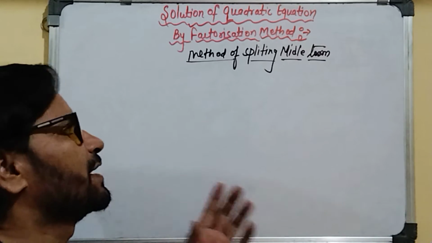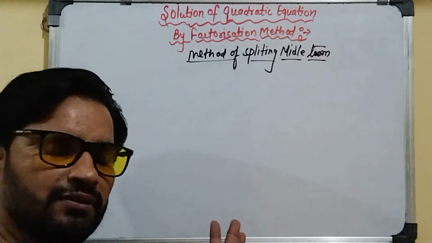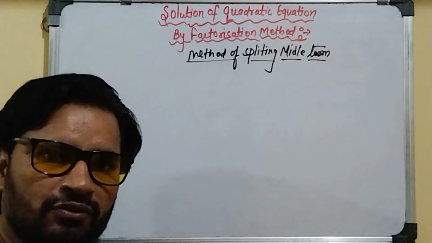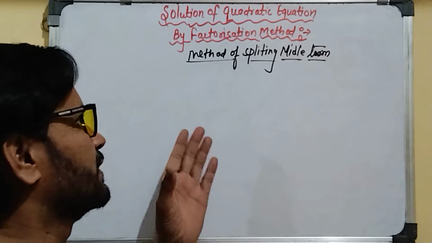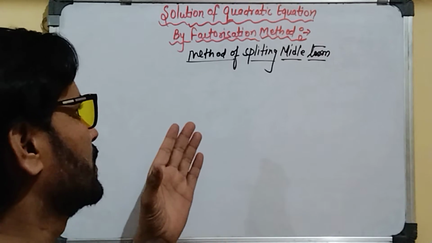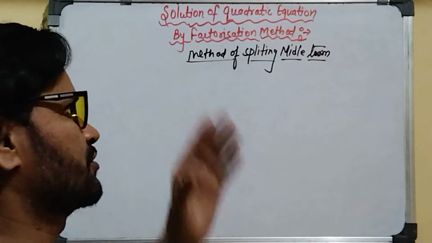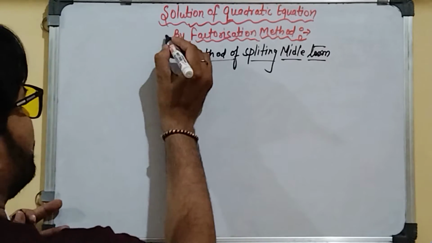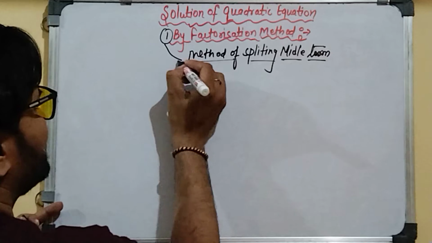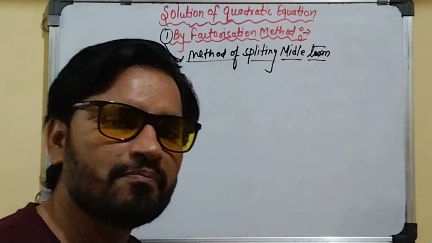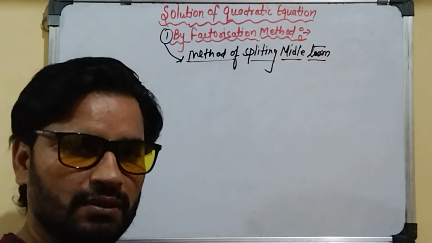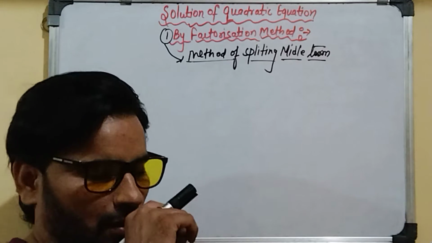To solve any quadratic equation we have three methods: the factorization method, the method of completing the square, and the quadratic formula. First of all, we will discuss the factorization method. In this method we use the splitting the middle term method. Have you understood this?